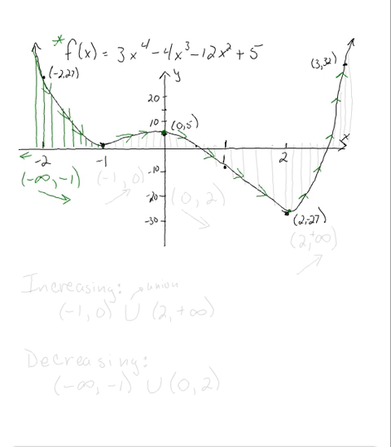Okay, now that happens until -1, and then at -1, the y values now are going to increase. And that happens all the way from x equal -1 up to this point right here at x equal 0.